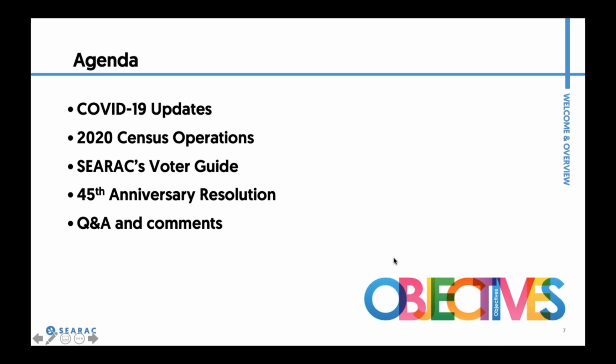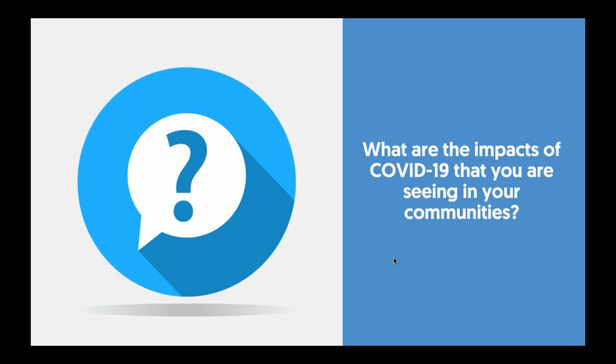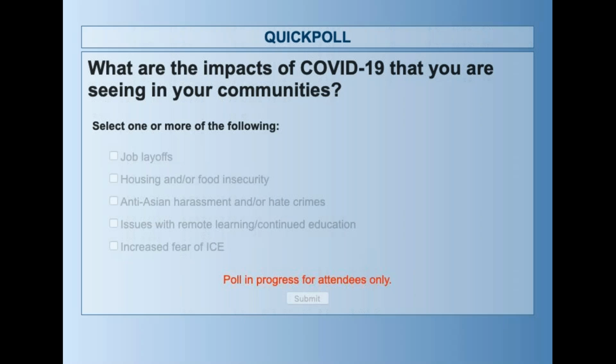All right, so we'll go ahead and get started with COVID-19 updates. First, just another poll for you all about what the impacts are that you're seeing in your communities. We're really just doing this assessment to hear from folks on the ground so we can assess where we can best support. We'll give folks a minute or so to check any or all of the following choices.